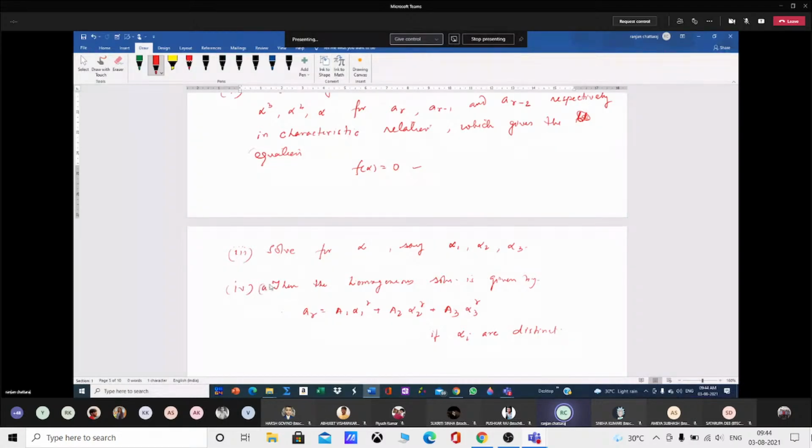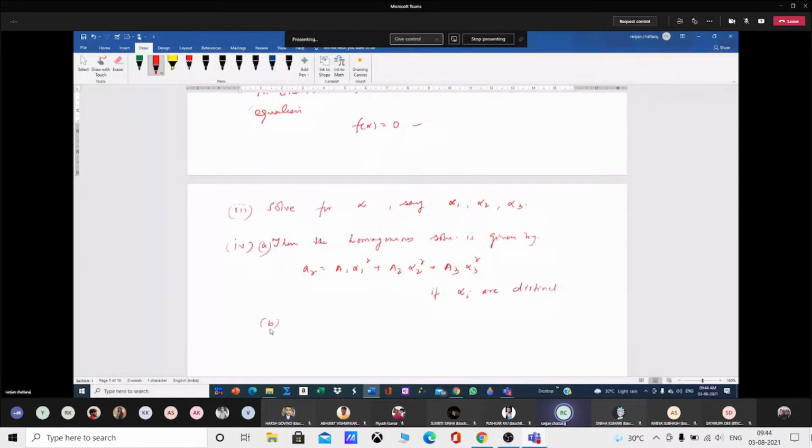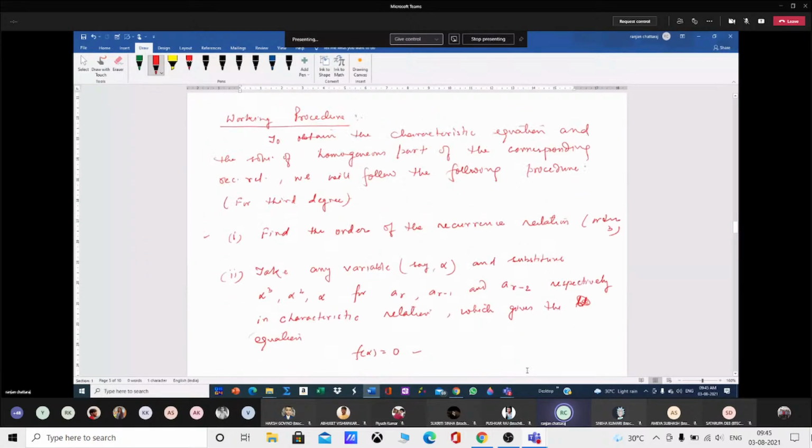Okay, and B is, if alpha 1 is equal to alpha 2, I have taken the 2 only. This is alpha. Then A_r should be how much? Now you see, compare with this one: m minus 1.